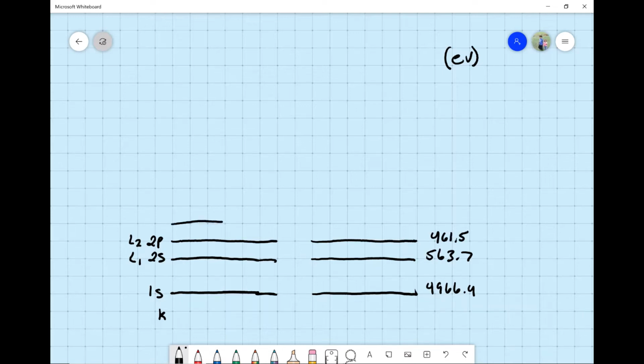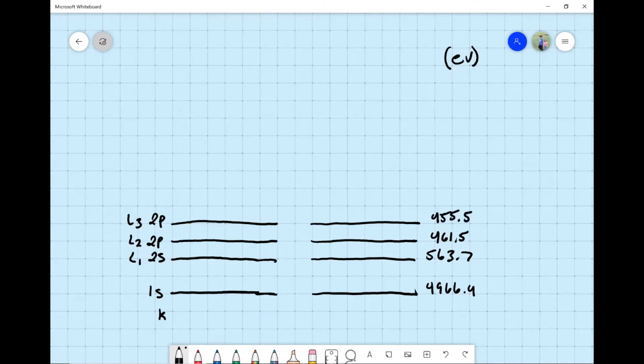We're building a big atom. And so this is going to be L3. This is also a 2p shell, and actually it's going to be two 2p's. So this is L3, and this is 455.5.